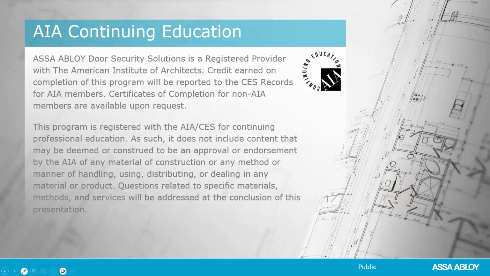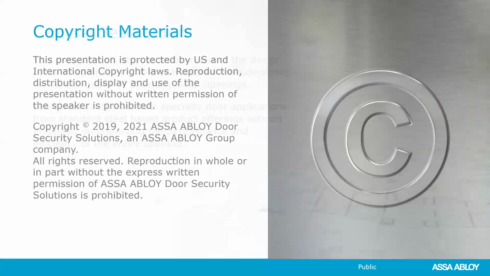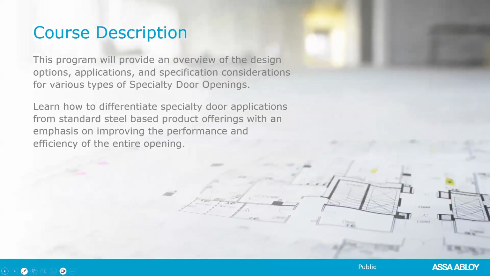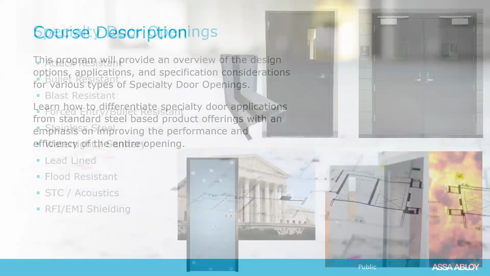Again, AIA continuing education in this presentation. And the course description here, basically, as I said, it's an overview of the different types of more highly customized products that are out in the industry and what their applications are for.